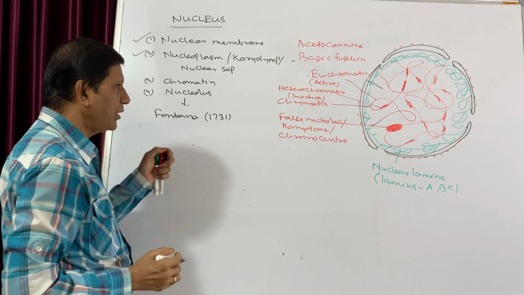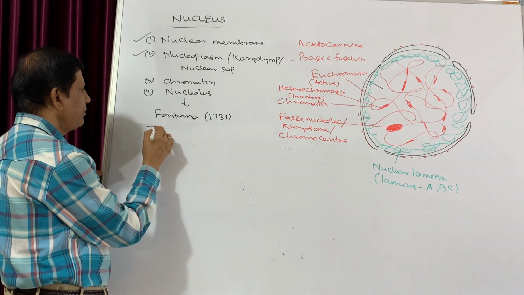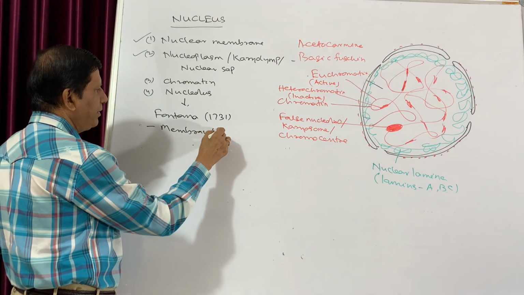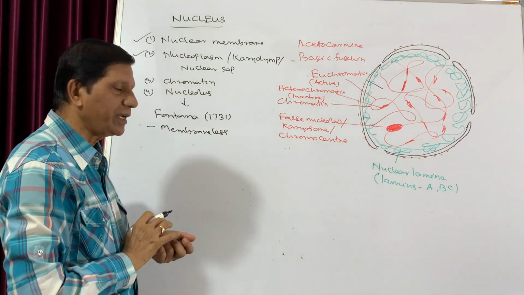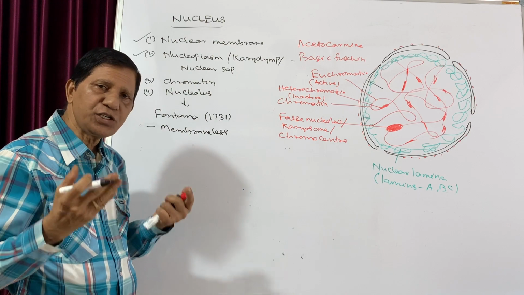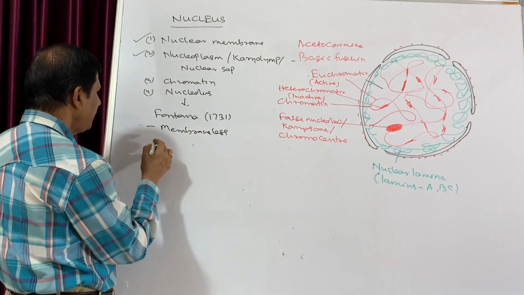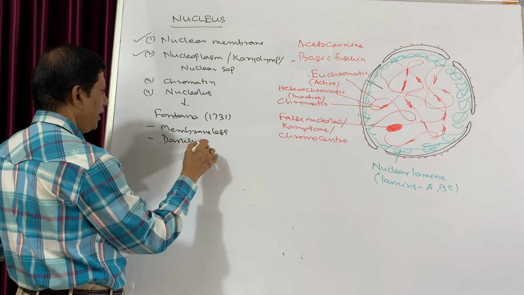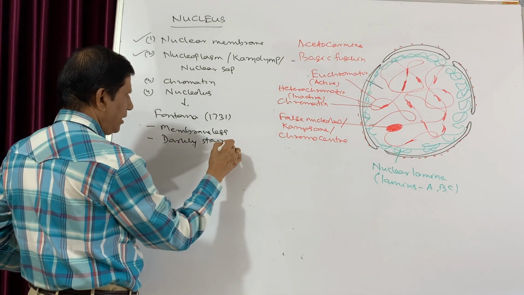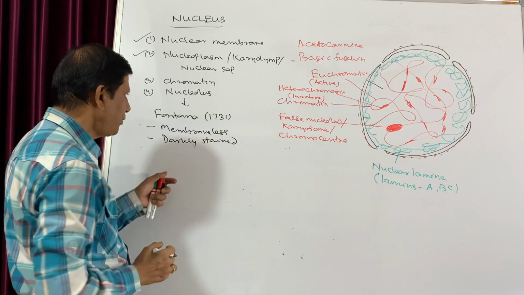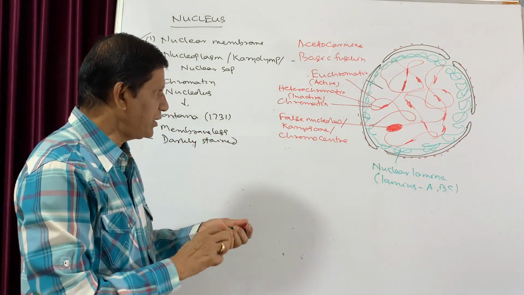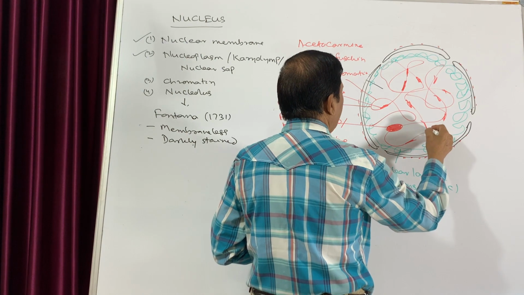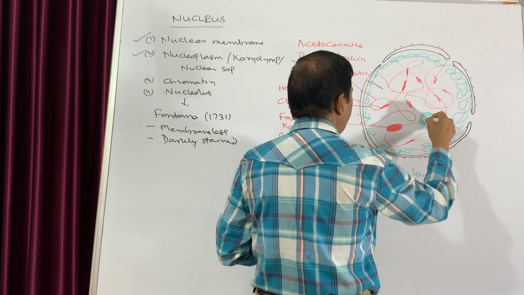And this nucleolus is usually membraneless. That means it is not surrounded by any membrane. Then how is it distinguished from the nucleoplasm? It is distinguished because it is darkly stained. That is why it can be distinguished. Here, suppose this is the structure.